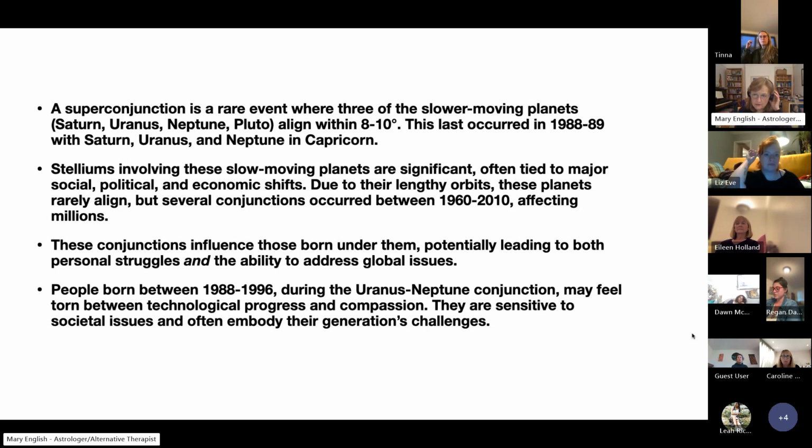Due to their lengthy orbits, these planets rarely align, but several conjunctions occurred between 1960 and 2010, affecting millions. These conjunctions influence those born under them, potentially leading to both personal struggles and the ability to address global issues.